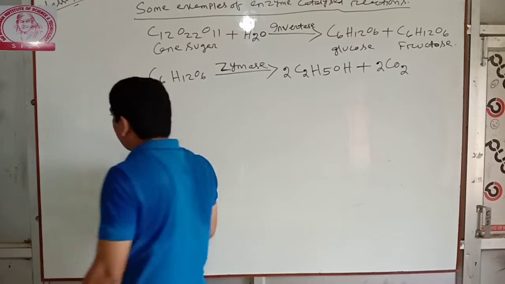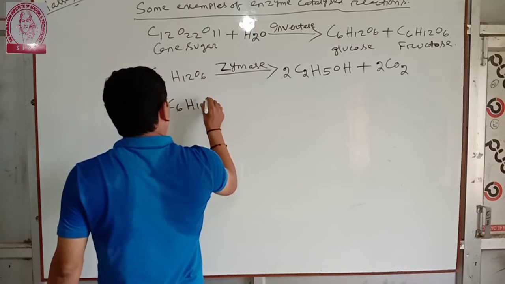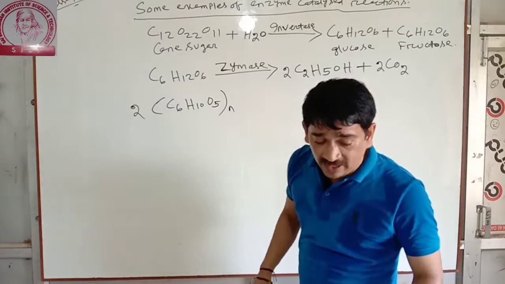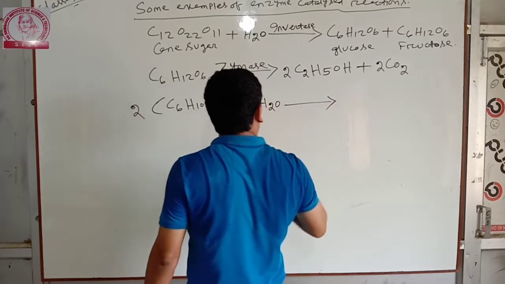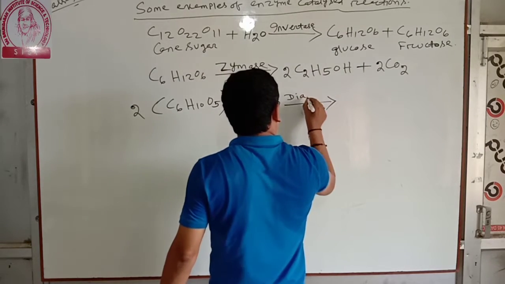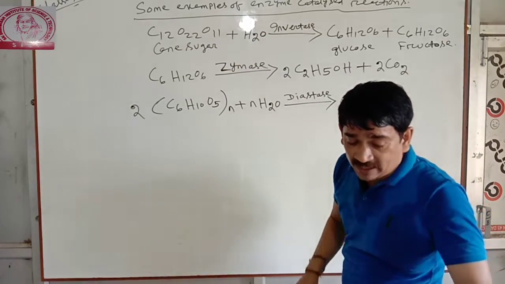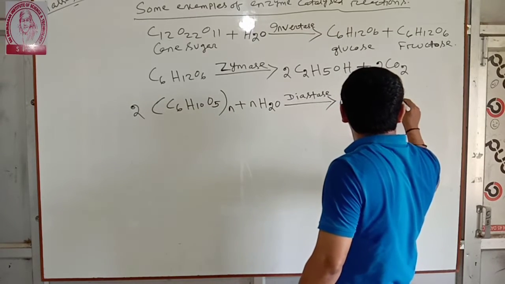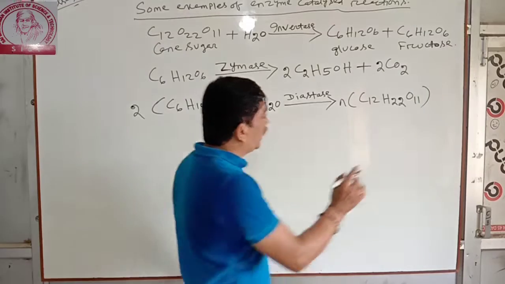Next is starch, (C6H10O5)n plus nH2O in presence of diastase gives C12H22O11, which is maltose.